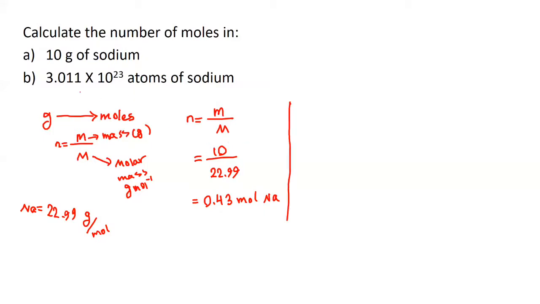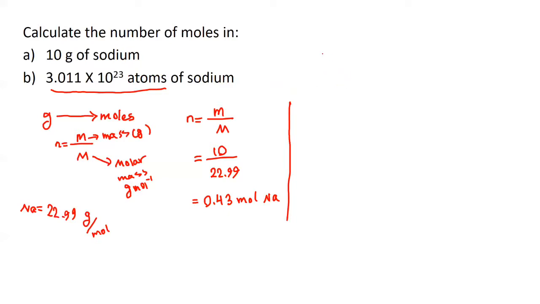Part B, they tell me we have this number of atoms of sodium and they ask for the number of moles. Right now we need to use a formula that relates the number of atoms, or in general the number of particles, and the number of moles.